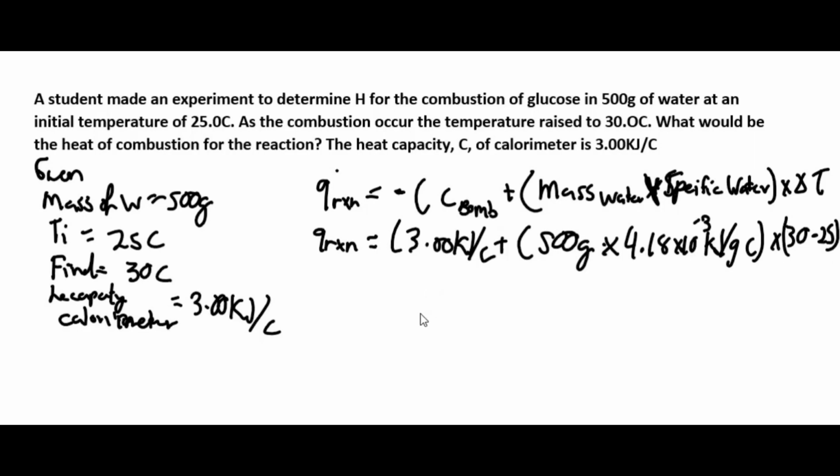So let's do everything. So 3 plus parenthesis 500 times 4.18 times 10 raised to the negative 3, times 5.